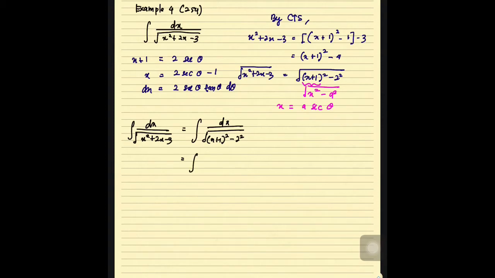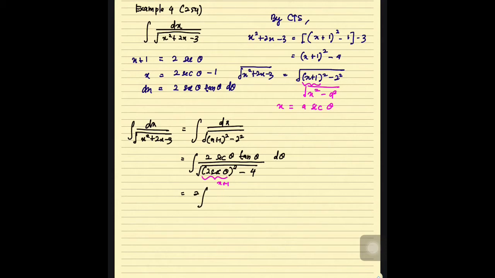Your dx is 2 secant theta tangent theta d theta over, your x plus 1 just now is equivalent to 2 secant theta, so this one is 2 secant theta, squared, minus 4. So everything is under the square root.